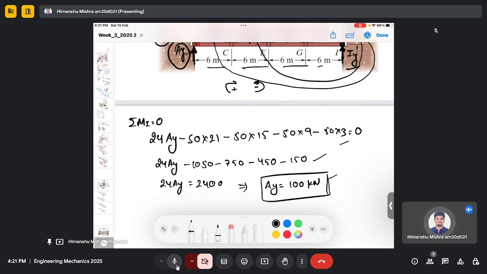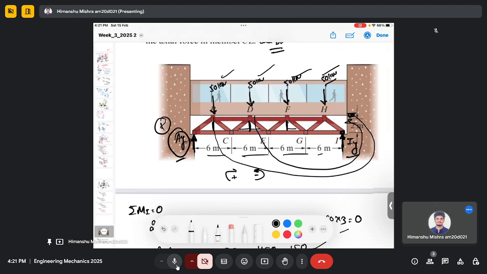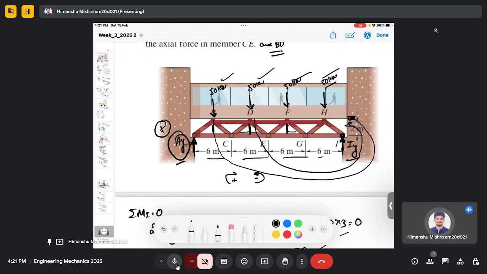So once we calculate the reaction force AY, we need to find the force in the member CE and BD. So we make a cut like this. Let's say these are my directions. If I take the moment along point D, I don't need to consider member BD, nor member CD.